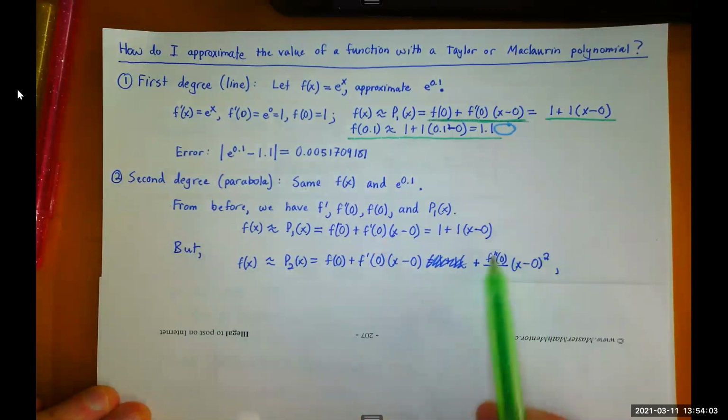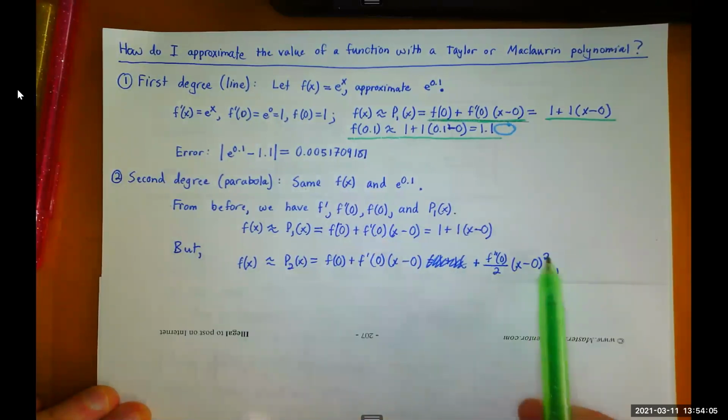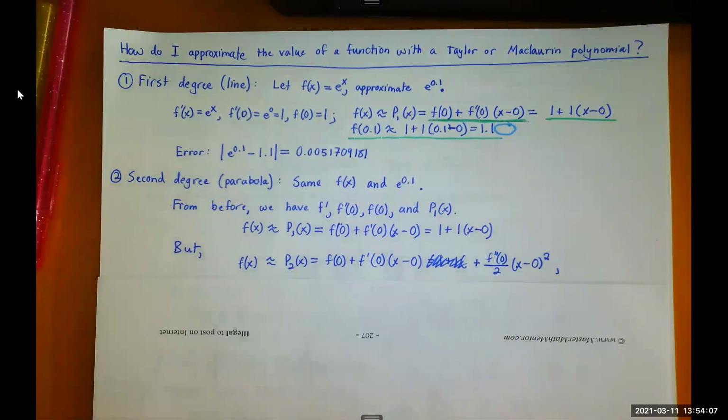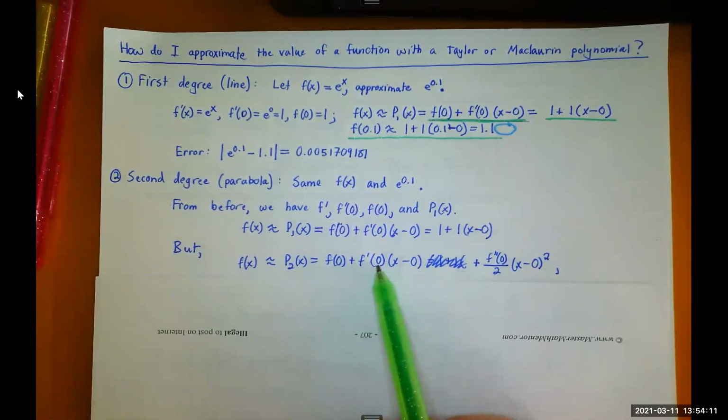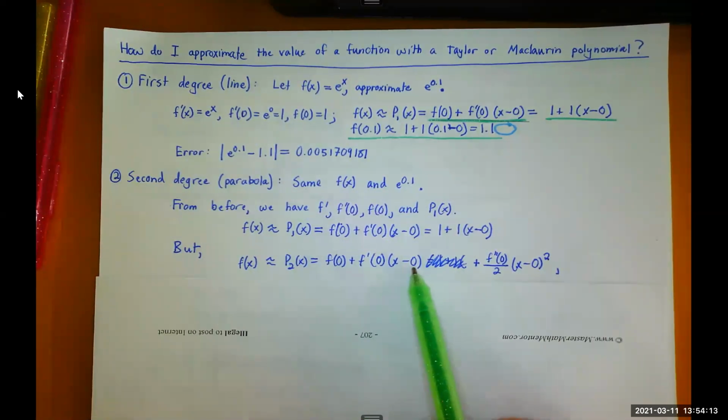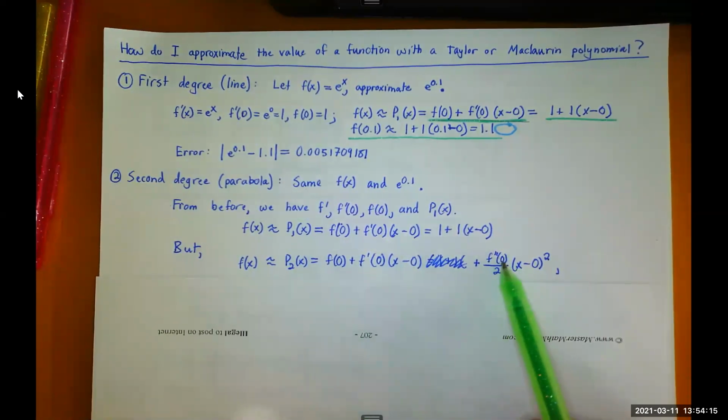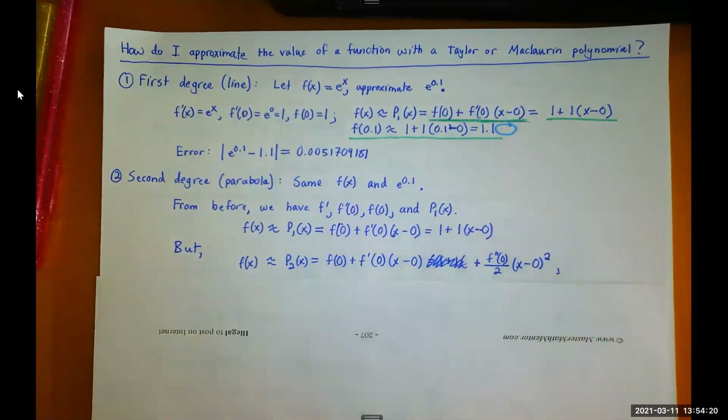That's what turns this into a parabola, this squared term right here. So we have f of 0 plus f prime of 0 times the quantity of x minus 0 plus f double prime of 0 divided by 2 times the quantity of x minus 0 squared. That is the equation of our tangent parabola. Well, not the equation, but that's how we get the equation.